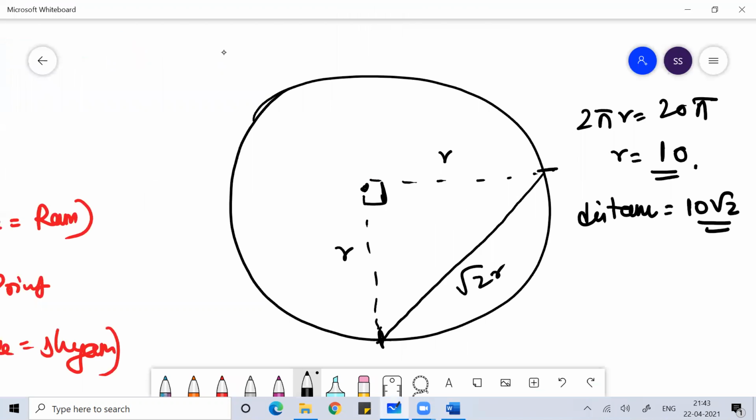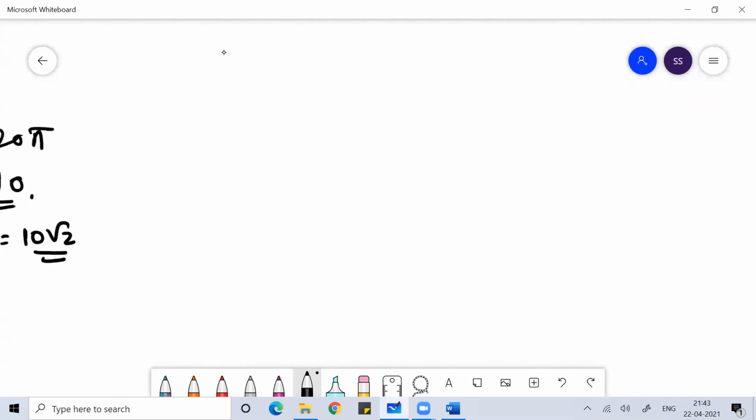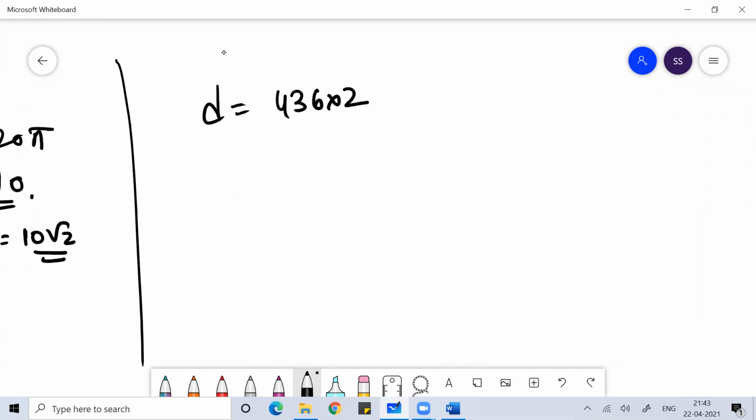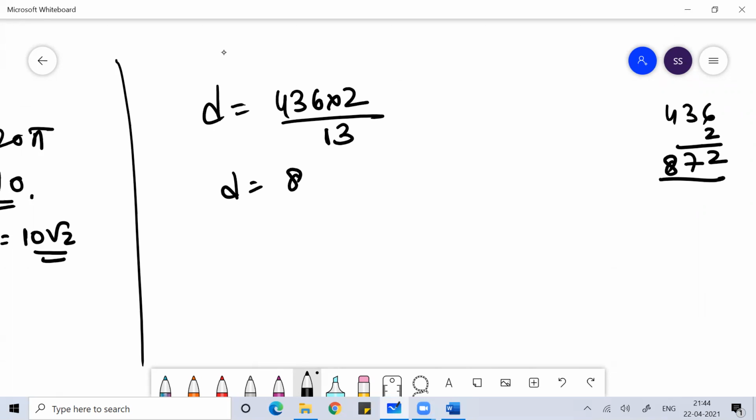So what is the distance? You can find the distance. The distance is 436 into 2 by 13. 436 into 2 is 872. So 872 by 13 meter. You have to find the time, right? Distance is already given. You have to find the time.